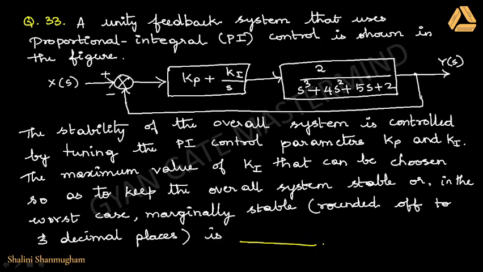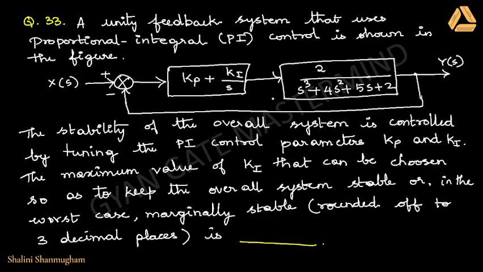Coming to the 33rd problem, a unity feedback system that uses proportional integral control is shown in the figure. The stability of the overall system is controlled by tuning the PI control parameters Kp and Ki. We have to find the maximum value of Ki that can be chosen so as to keep the overall system stable, or in the worst case marginally stable.